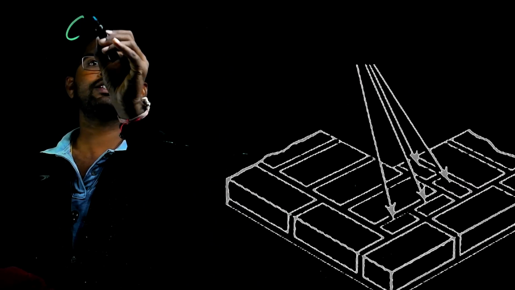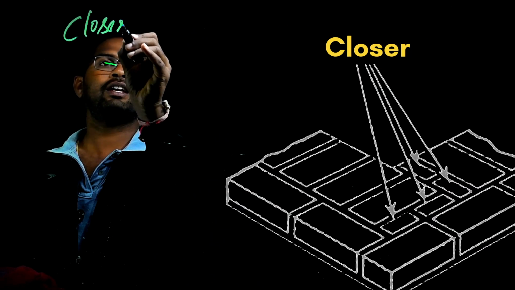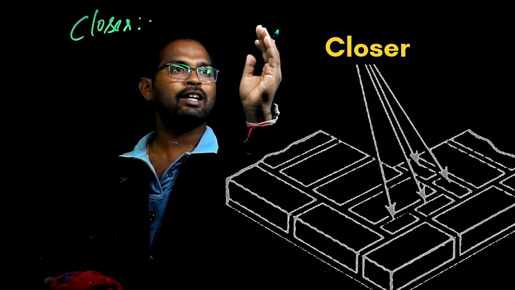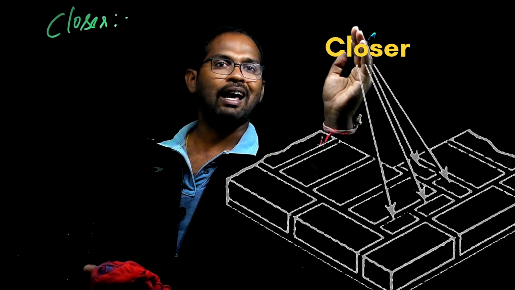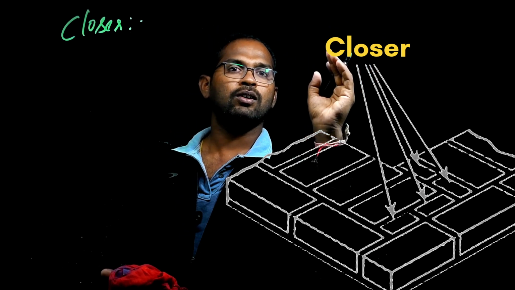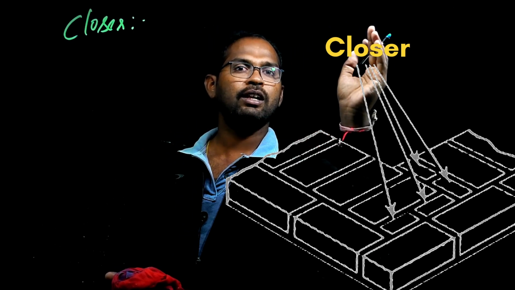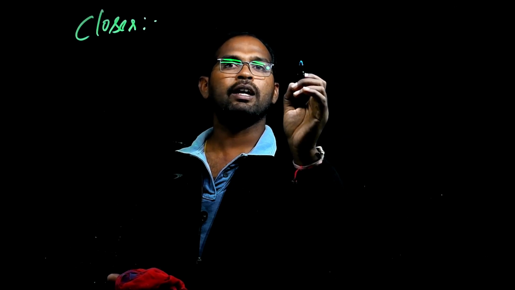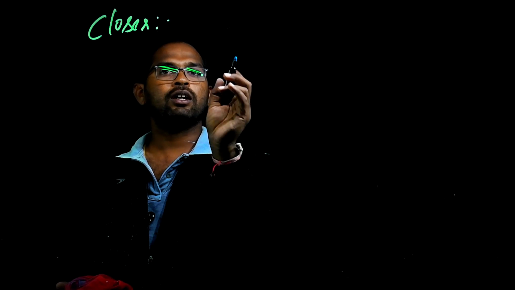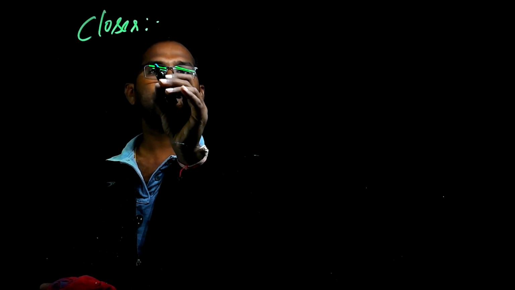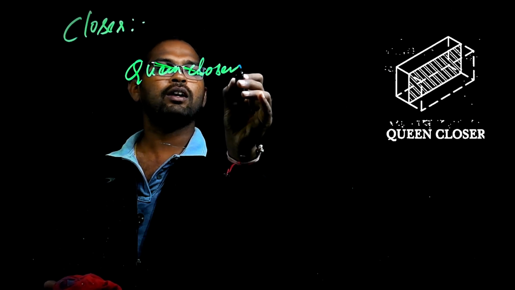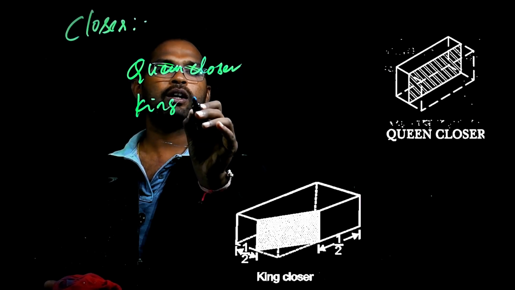So next one is closure. Closure is nothing but the cut that extends from one header face to the other header face. Here in closure, two types of closures will be there: one is a queen closure and the other is a king closure.